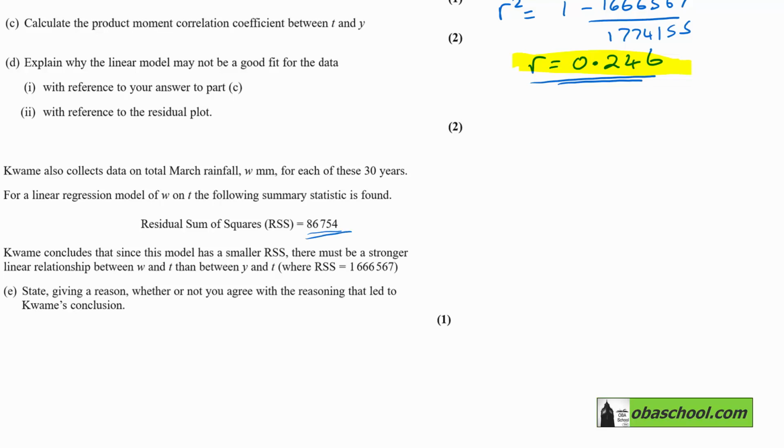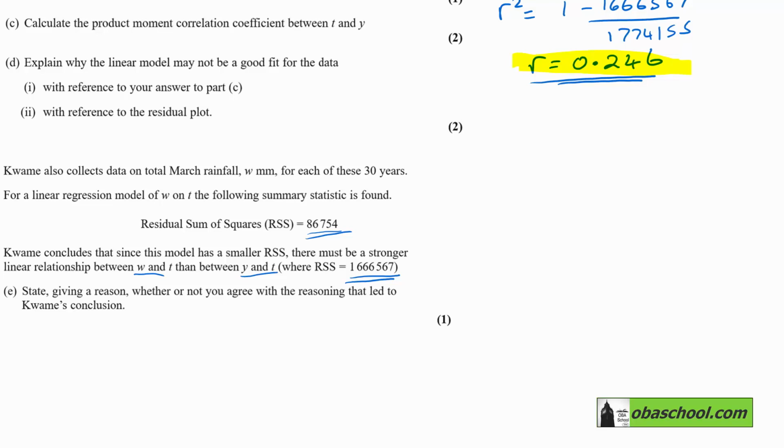He concludes that since this model has a smaller RSS, there must be a stronger linear relationship between W and T than between Y and T, where, as we saw from above, RSS was this much bigger number. State, giving a reason, whether or not you agree with the reasoning that led to his conclusion.